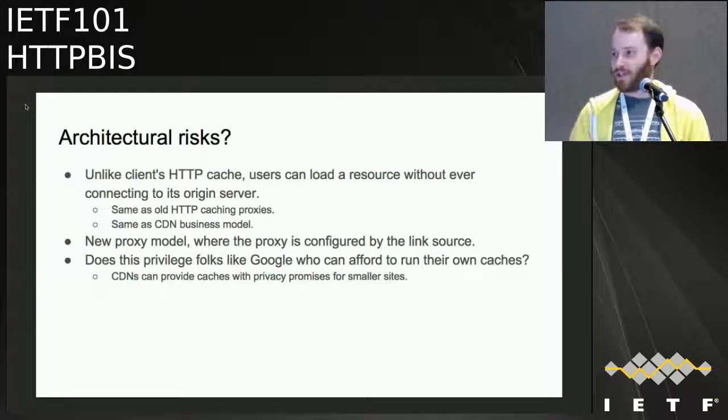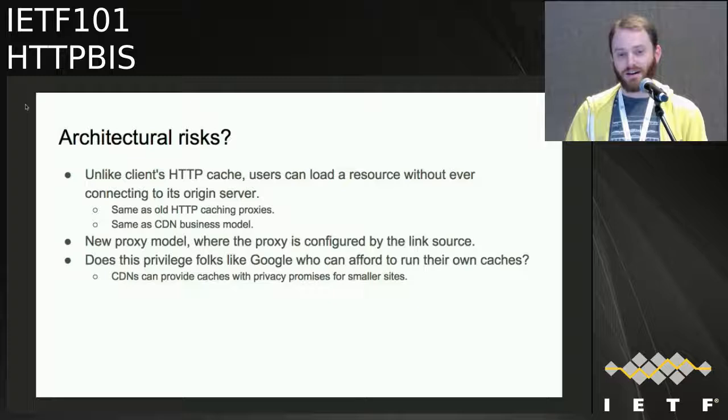If it's just an image, it can't. This is very similar to old HTTP non-TLS caching proxies. People pay CDNs to do this, but there's a question of whether it should be possible to opt in by signing an exchange to someone you didn't hire to cache your content. It's a totally new proxy model.